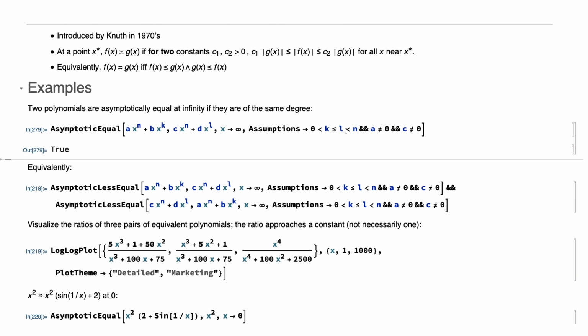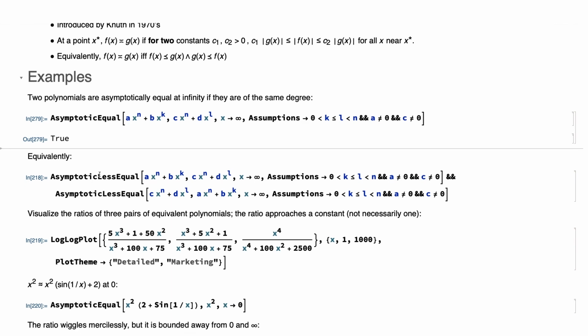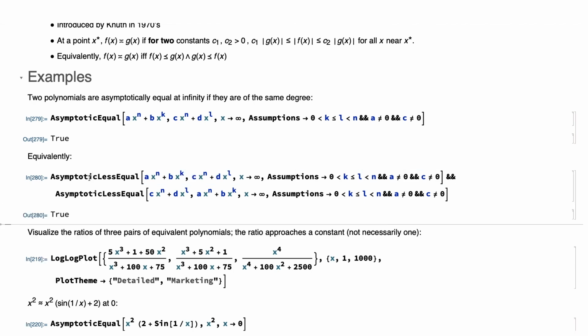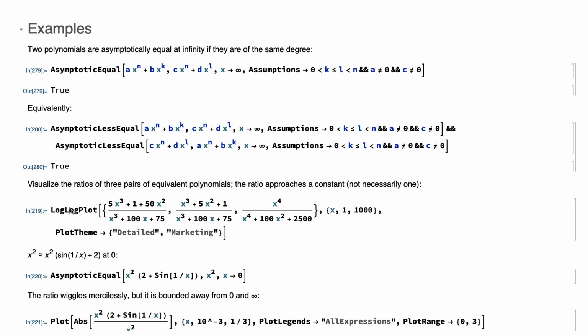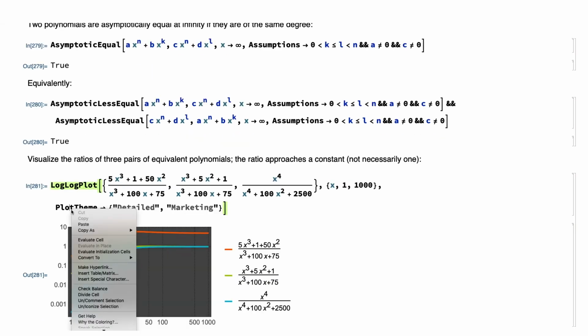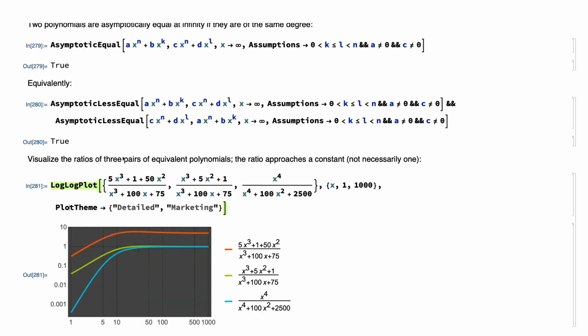An equivalent definition is f is asymptotically equal to g if and only if f is less than or equal to g and g is less than or equal to f. So some examples. Two polynomials are asymptotically equal at infinity if they have the same degree. So I have a x to the n times b x to the k, and c x to the n times d x to the l.